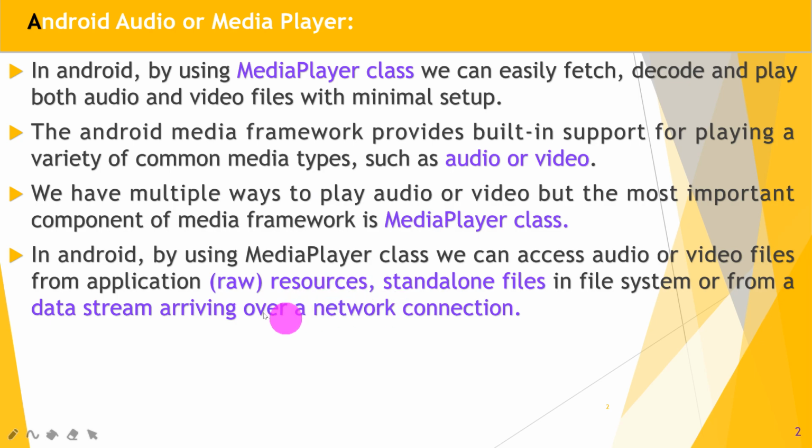For example, a raw resource, that is the raw folder, we have to create in the resource folder. Then a standalone file or file system, where we save our mp3 audio file or video file, and from the data stream arriving over the network connection. Great. So these are the different resources.